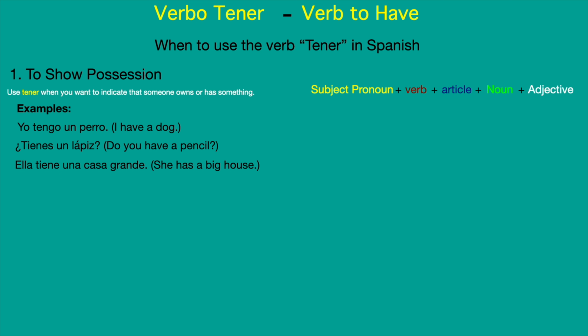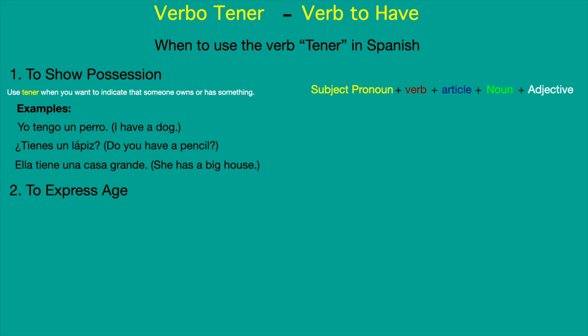And then we have a noun, so you can pick any noun like perro, casa, amigo, whatever. And then you have an adjective, beautiful, big, white, whatever you want to use. This is the way that you can build phrases and see if you can create more than one. Then the second part is to express age.